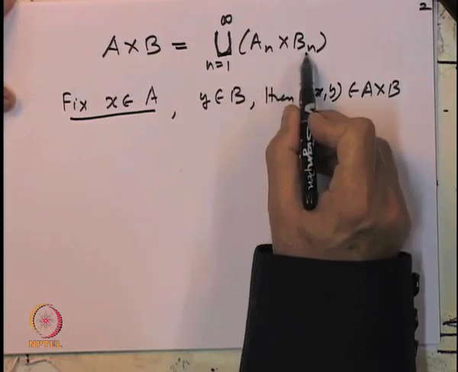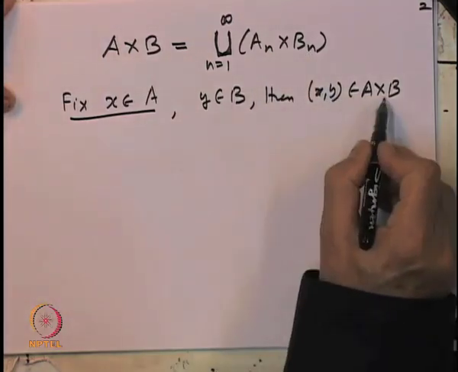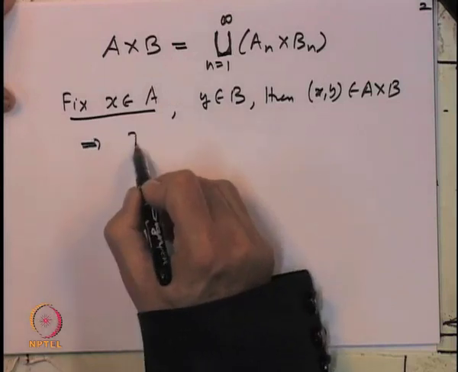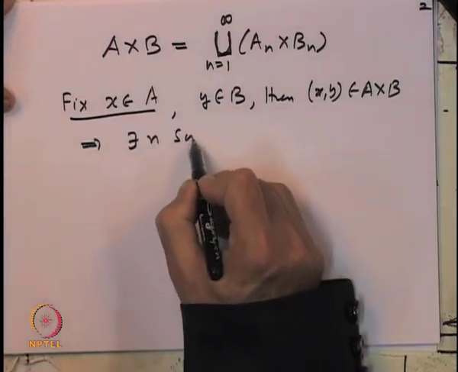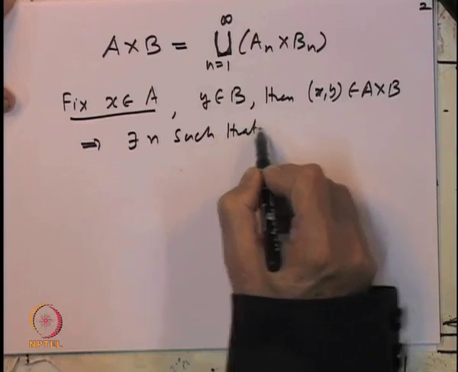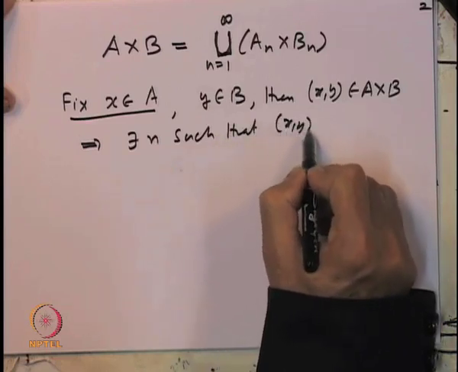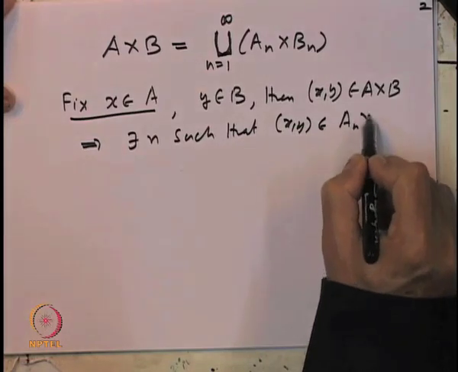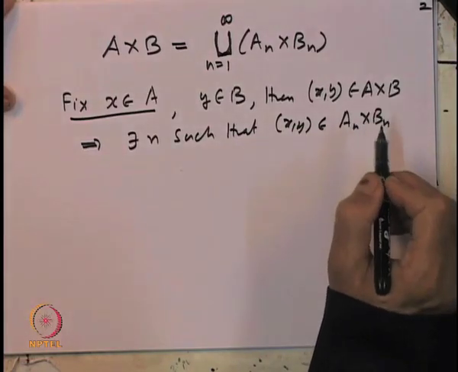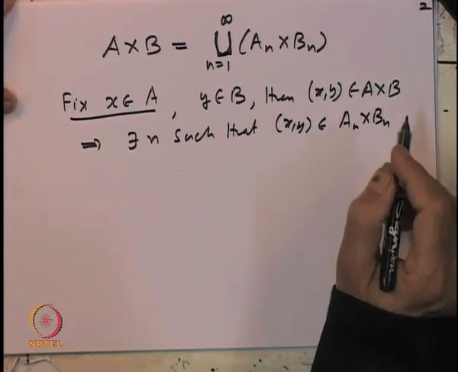Which set will it belong to? It will belong to some A_n cross B_n. So, this implies there exists an n such that x comma y will belong to A_n cross B_n. Okay, so that is a possibility.